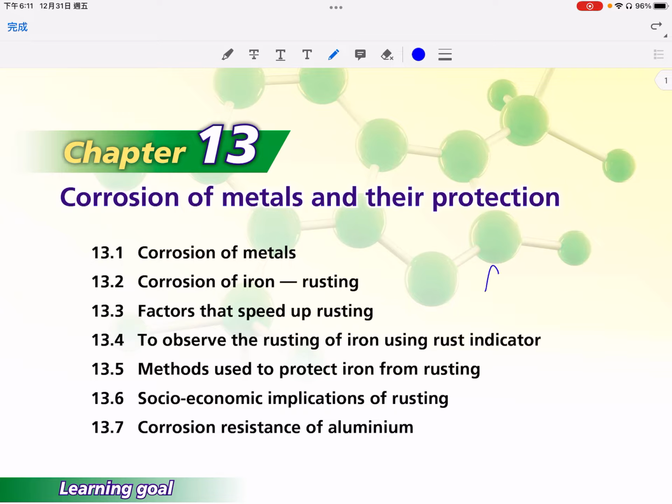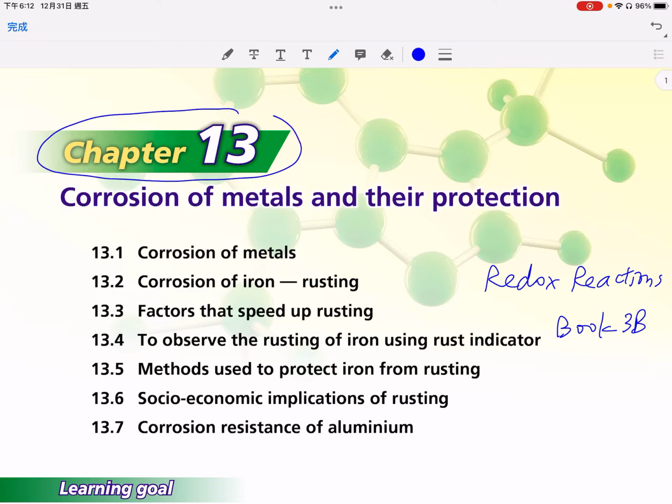Recently, you learned redox reactions in Book 3B. And then, I found that in Book 1, Chapter 13, for example, although the topic is corrosion of metals, actually the reactions involved are all redox reactions.